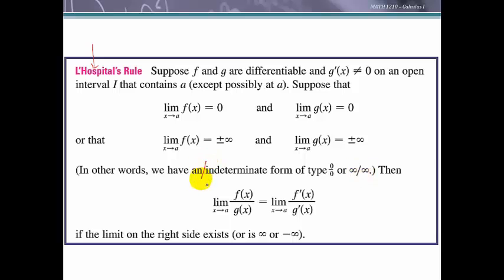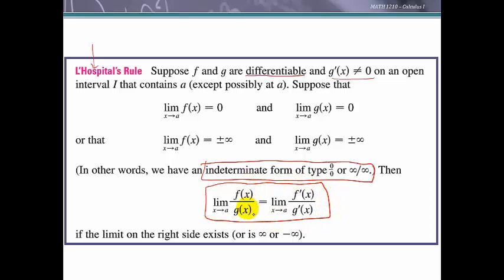So that's going to be one of our conditions for L'Hopital's rule, that we have the indeterminate form, as well as differentiable functions and the derivative of the denominator does not equal 0, except possibly at a. And then this is the conclusion that we could make with L'Hopital's rule.